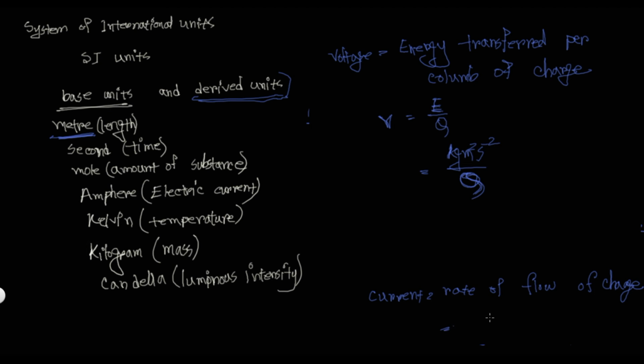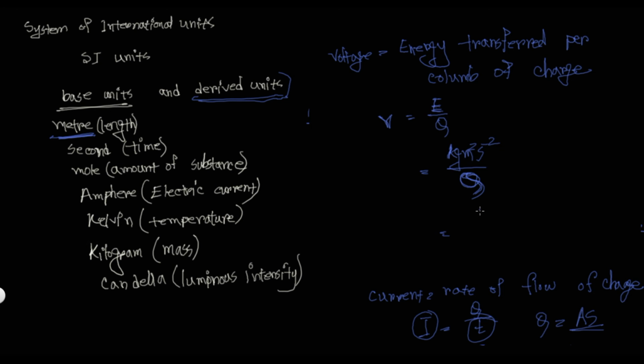If this is current, then I equals Q over t. Now for Q, we know current is measured in ampere and time is measured in seconds. So coulomb can be written as ampere seconds in SI base units.